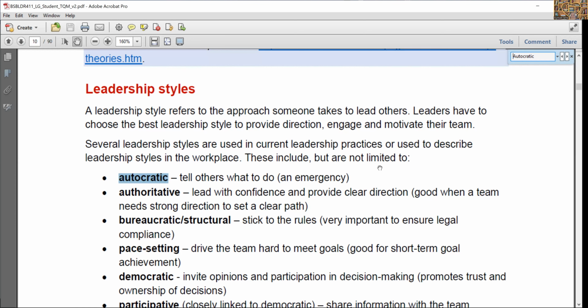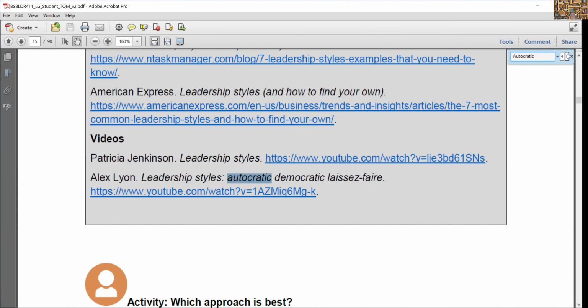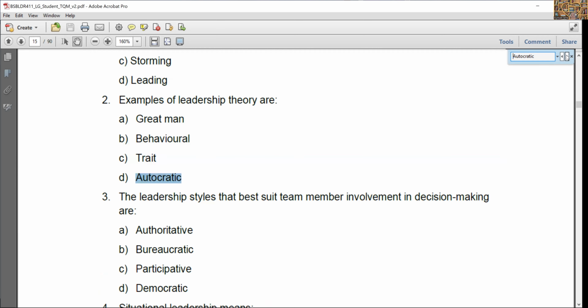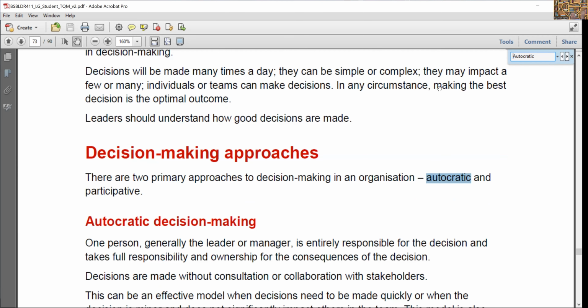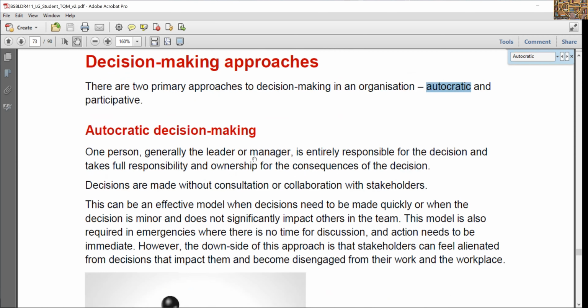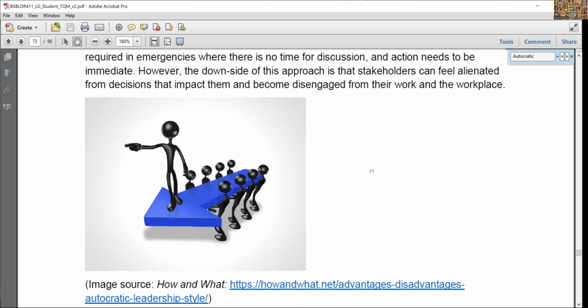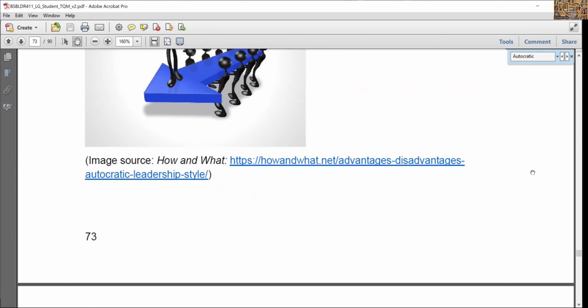Leadership style autocratic, what to do in an emergency situation. Then you read more about leadership autocratic or laissez-faire video. Then you keep hitting enter or keep going next, and it will talk you through it. There are 2 primary approaches to authority in decision making. Leadership style: one person, generally a leader or manager, is entirely responsible, and it talks about it. There's some source about it, some advantages, disadvantages.